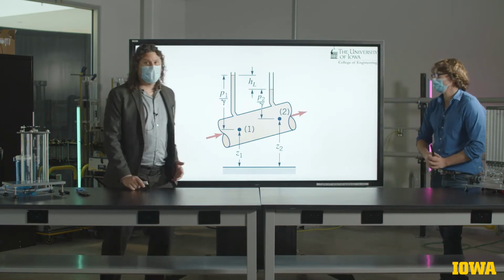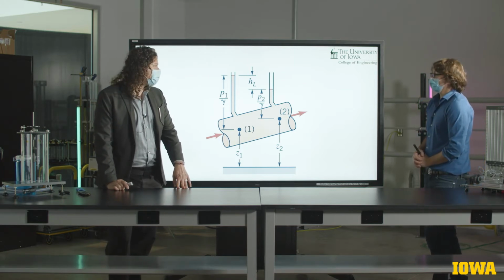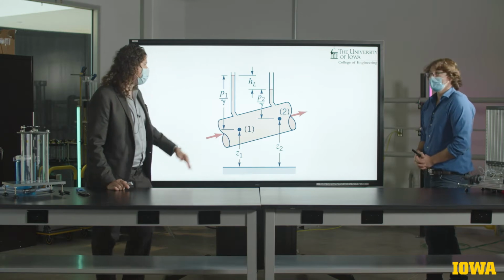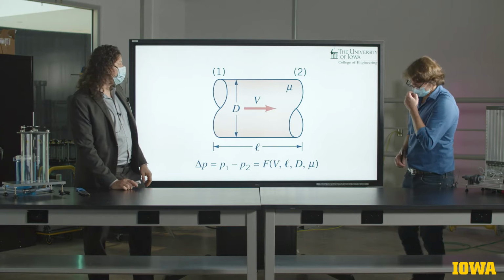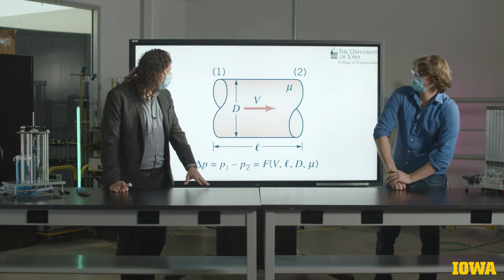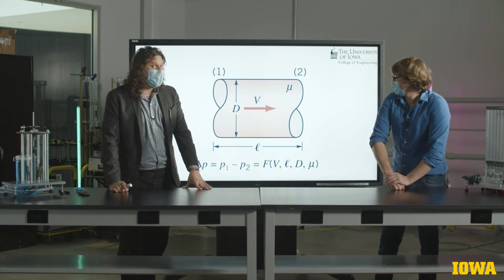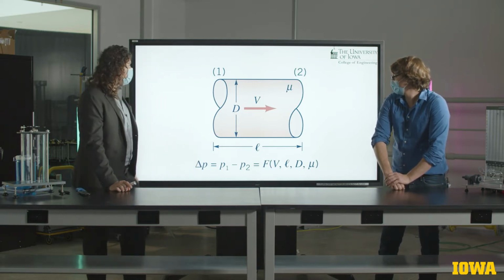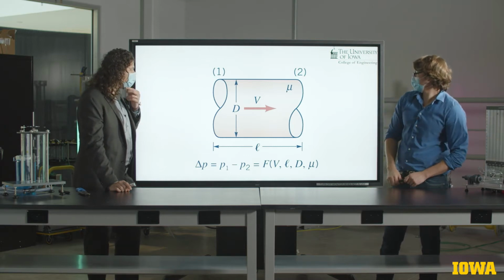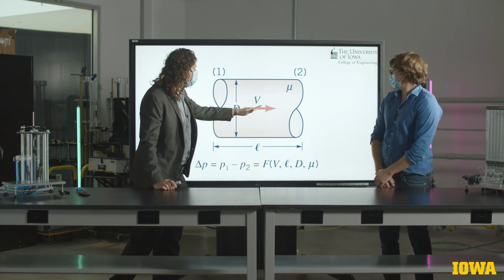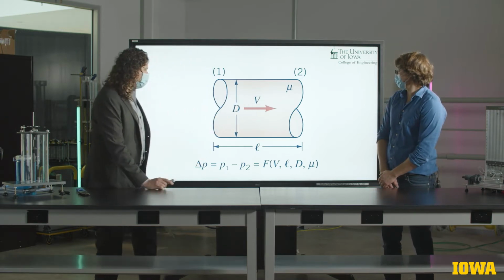So we can use some of our theoretical formulations to be able to determine what is happening to the flow and how we calculate these head losses. In particular, we know that in laminar regimes and pipes that are very smooth, we can calculate the difference in pressure as a function of variables of the fluid alone: the velocity of the fluid, the viscosity, and the diameter of the tube.